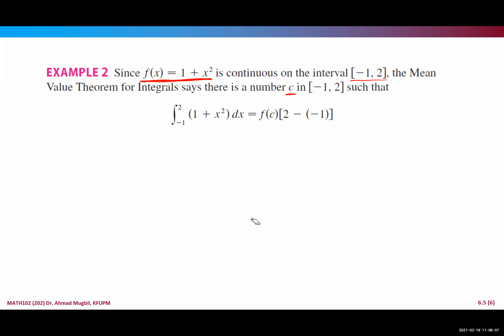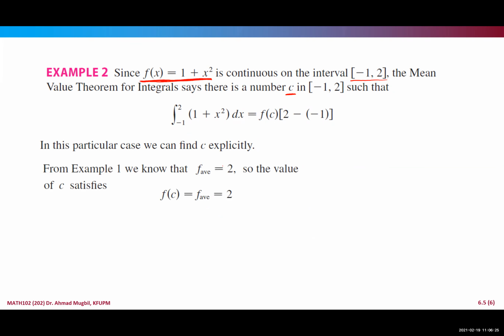Now we are lucky, we can find this integral. It is not difficult. We did indeed do that in the previous example. So now, as I said, in this particular case, we can find c explicitly. We found from example number 1 that the average value of the function is 2.